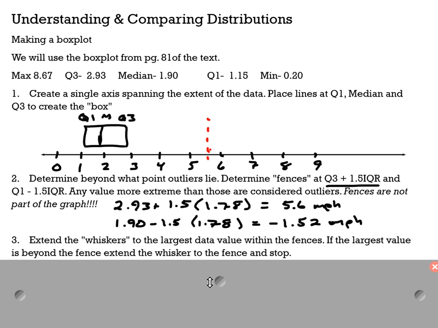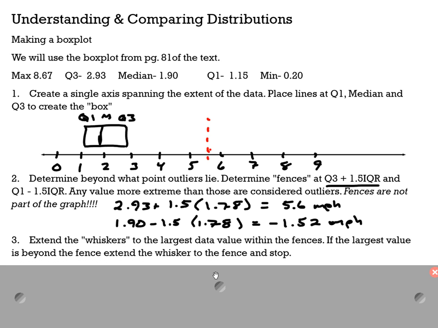Now we're going to extend the whiskers to the largest values within the fences. We'll do the low end first. The most extreme is probably a better way to put it, because it's not always the largest.